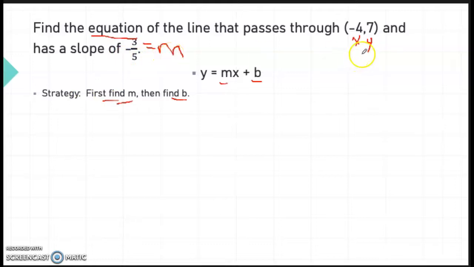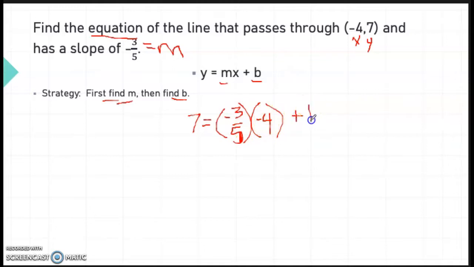Now I'm going to use this xy, negative 4, 7, and my m, plug it all into this equation and solve for b. So I have 7 equals my slope, negative 3/5, times my x value, which is negative 4. Don't forget the parentheses or it will look like you're subtracting 4, plus b.